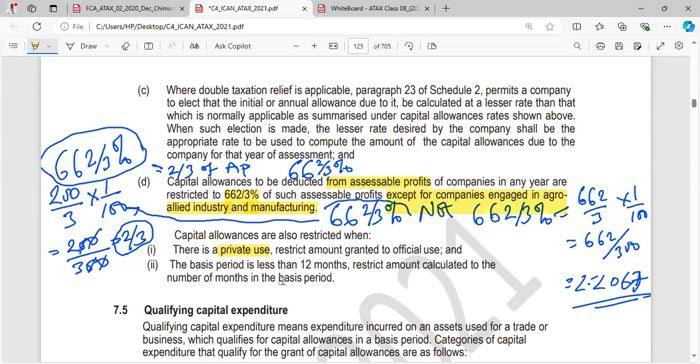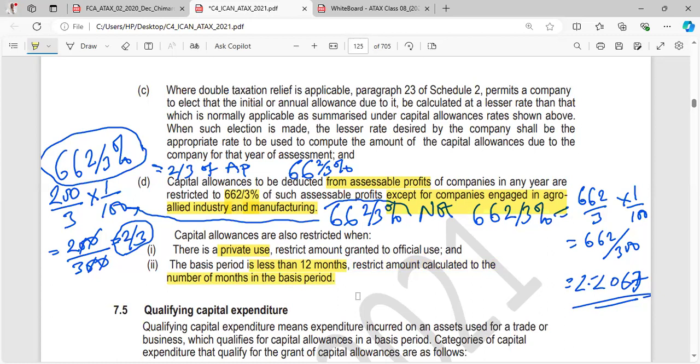Then there's another restriction, a basis period that is less than 12 months. It is restricted to the number of months in the basis period that the asset is put into use. So if we are using it for 10 months, most times it's usually in the first period.